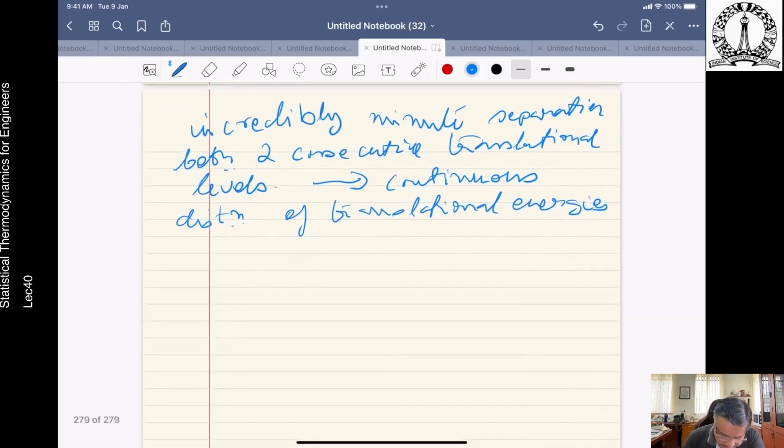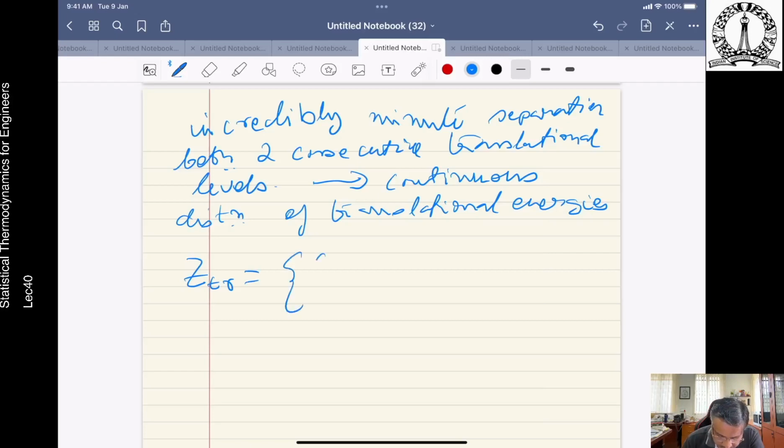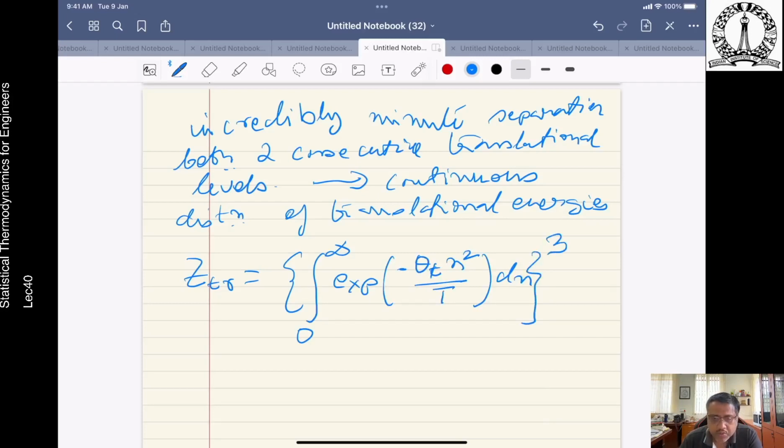Energies. Okay, so Z translational is equal to the integral from 0 to infinity of exponential minus theta t n squared by t dn. Okay, cube.